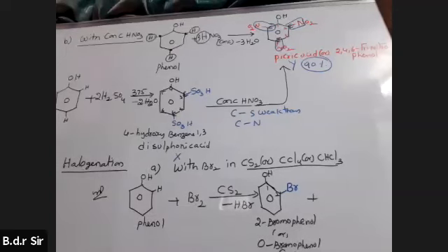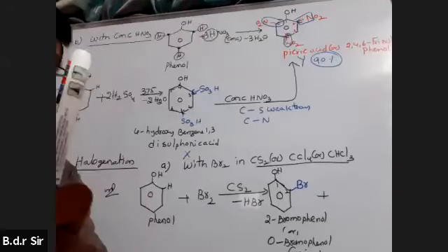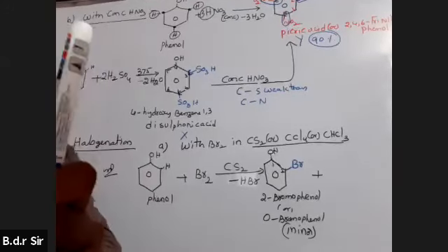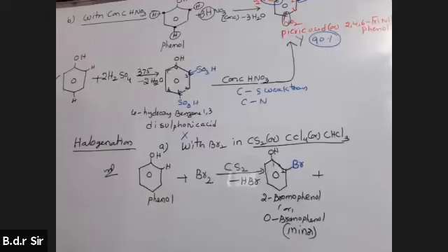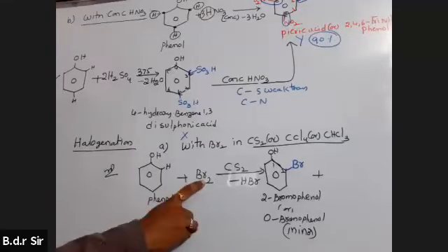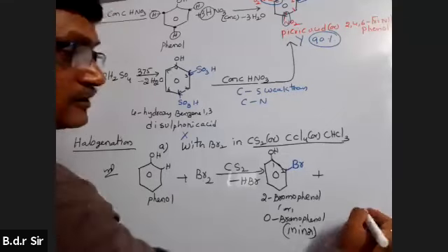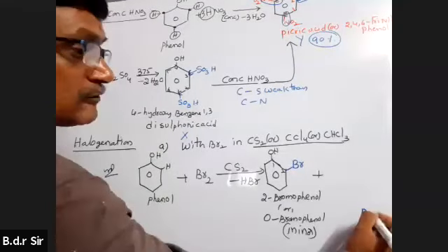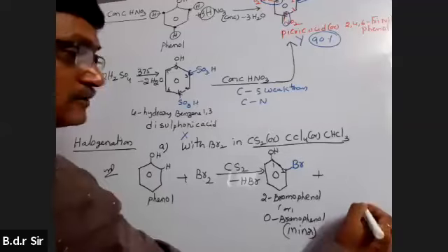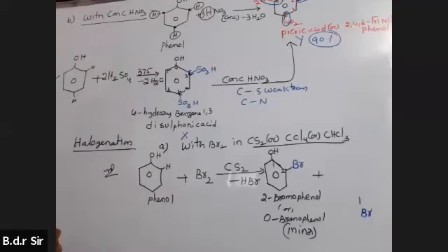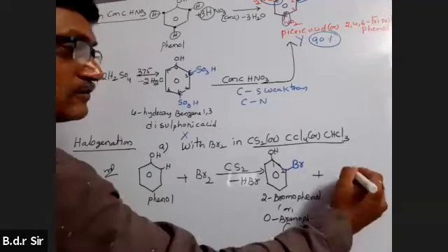Another possibility: at the para position hydrogen is replaced by bromine. Br bonded to the benzene ring.